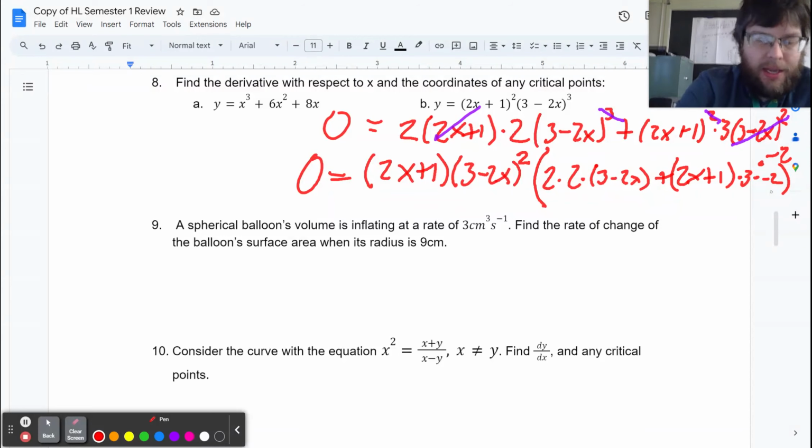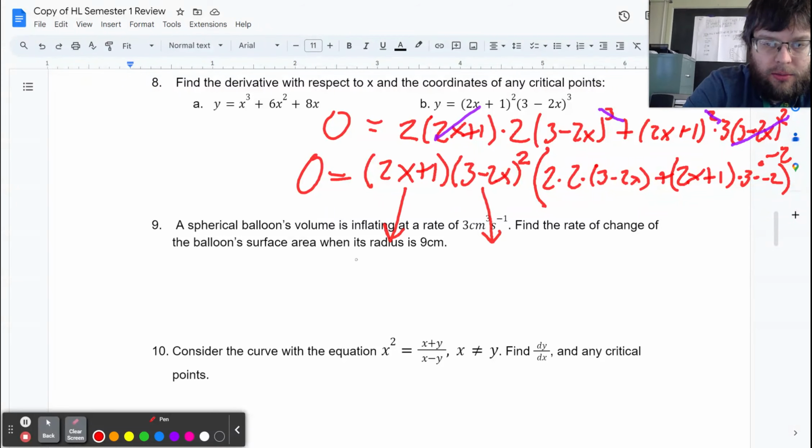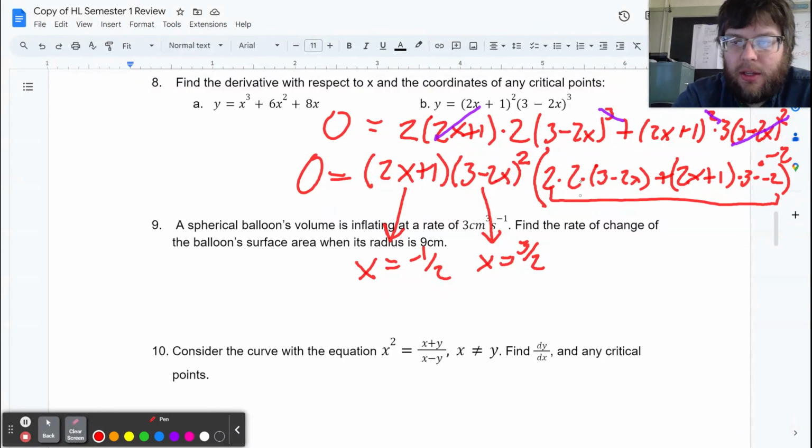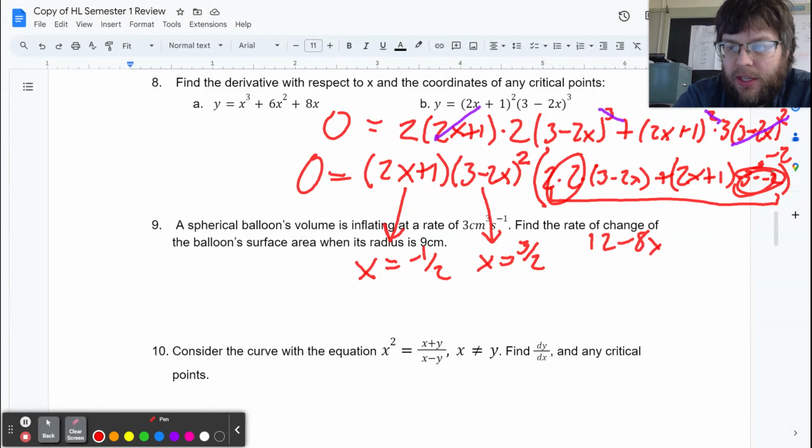So then I can find my critical points by setting each of these factors equal to 0. So this would be x equals negative a half. This would be x equals 3 divided by 2. And this whole business I haven't solved yet. So this is 4 right here. So 4 times 3, 4 times 2x. This is negative 6.